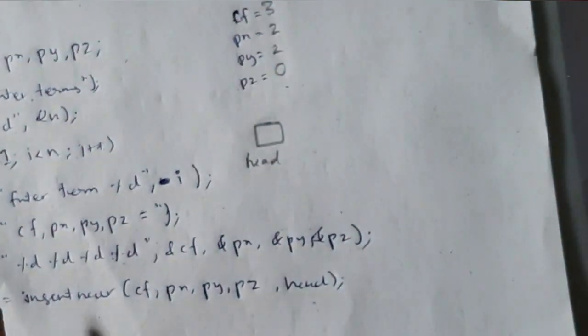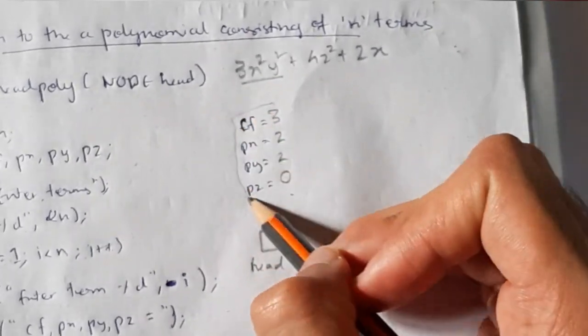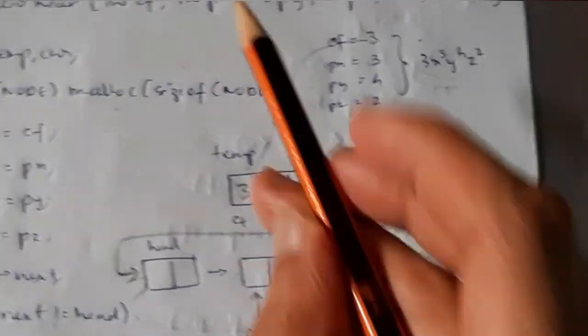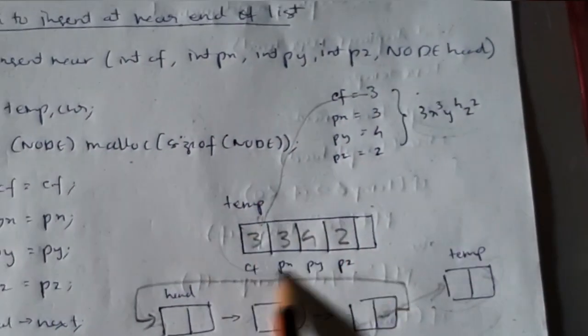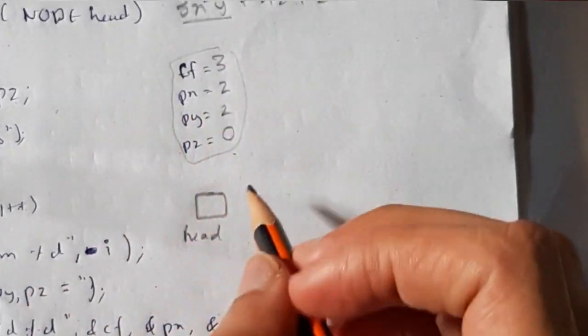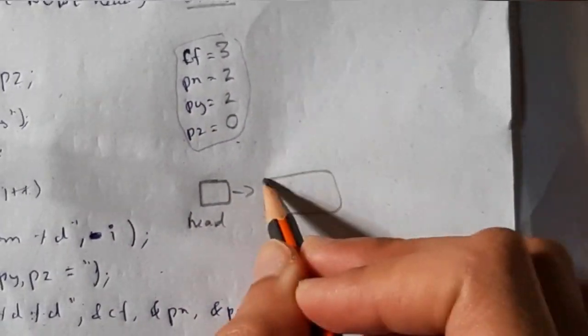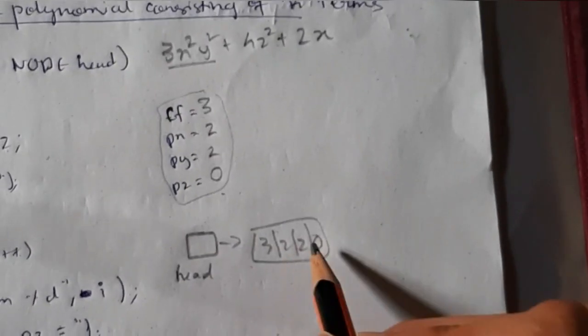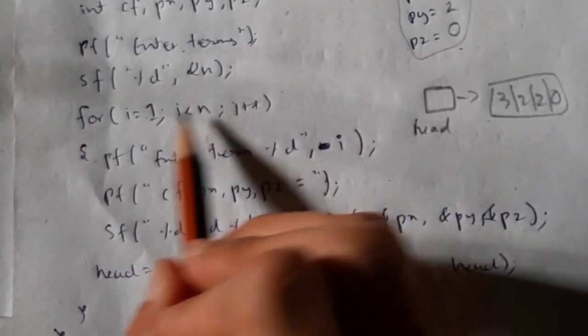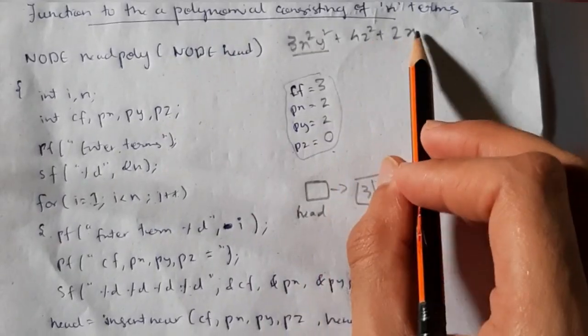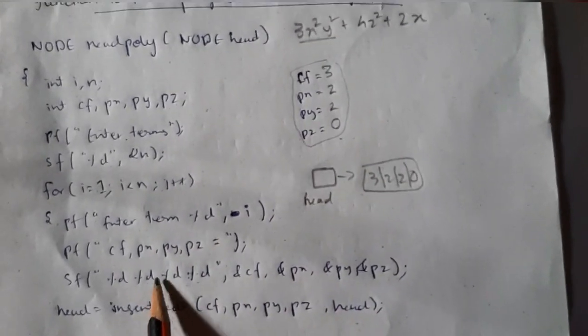Now after that you will call this function insert rear. You remember we had these functions here, that will be called here, and by using these functions we can create a temp and assign it to the rear end. So temp will be created, and 3x square y square will be added here. Next it will go to the second iteration till i becomes n, meaning 3 terms. It will again ask the user what the term is.